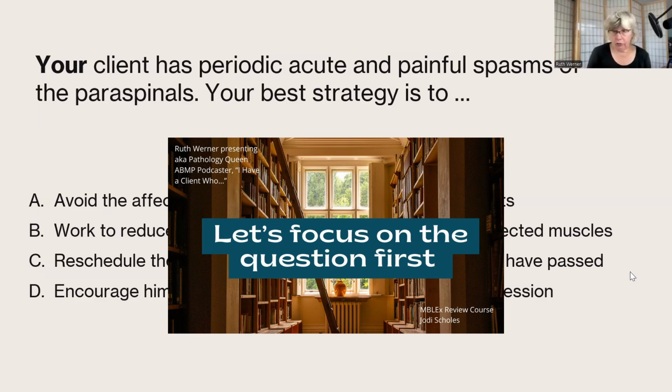If you've worked in a student clinic or with your friends, you've probably had this happen. So think for a minute about what you would do. Have a picture in your head of your best strategy.